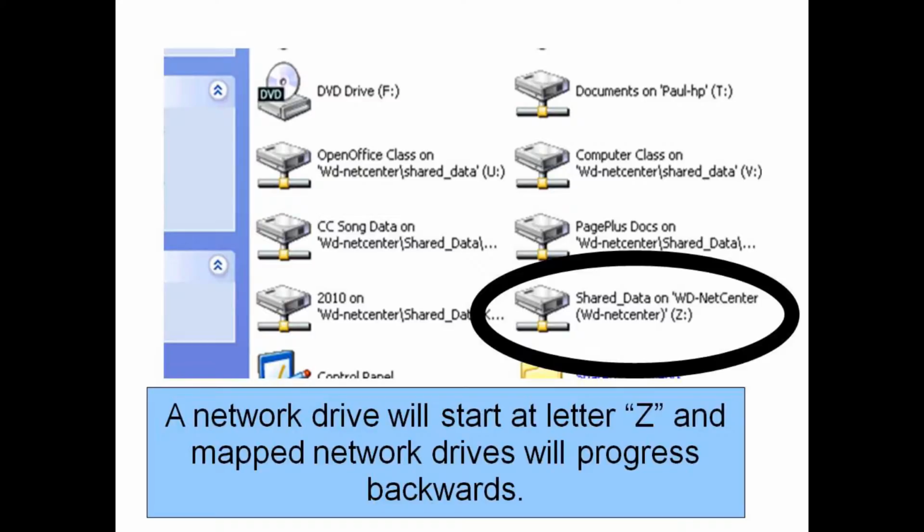As a network drive is added at the end, starting with Z and going backwards, and normal drives that are physically attached to your computer start with the letter C and go forward, it becomes exhausted when they meet in the center.